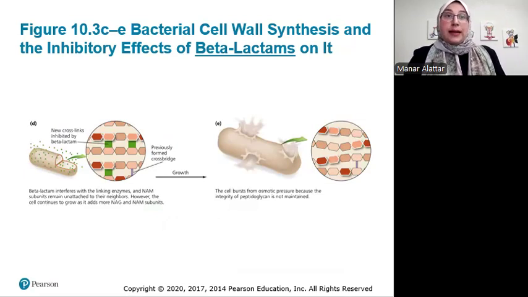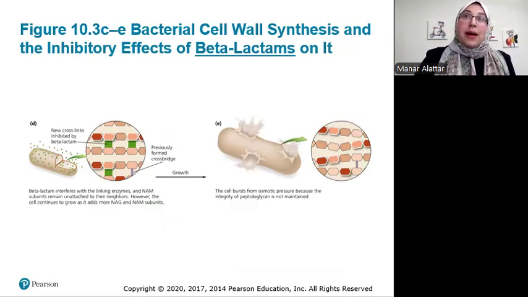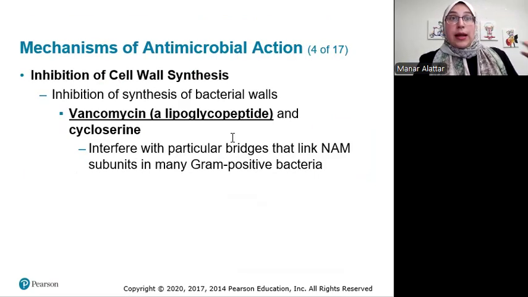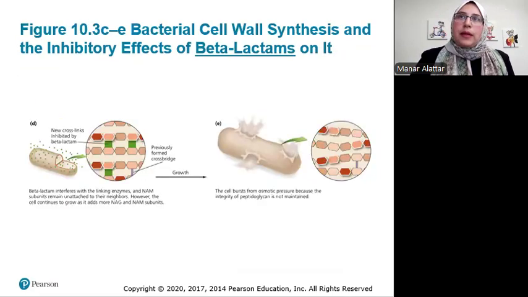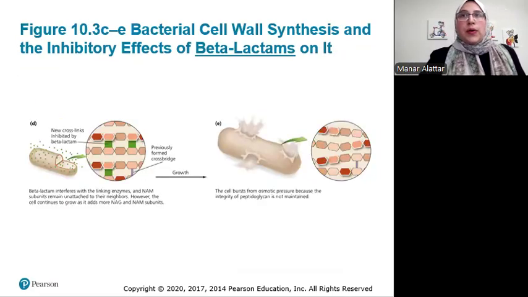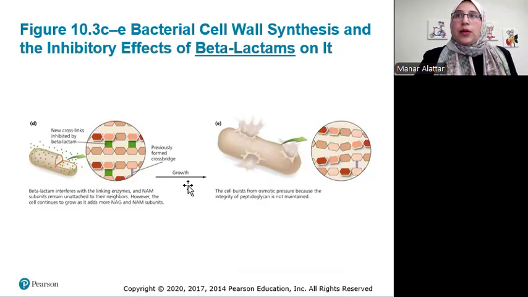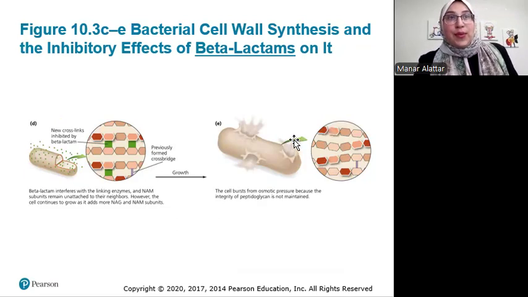And so that's our beta lactams and our vancomycin. Both of those are impacting the cell wall of the pathogen. Okay. So when you're breaking apart that cell wall, that is considered what we said, bactericidal versus bacteriostatic.